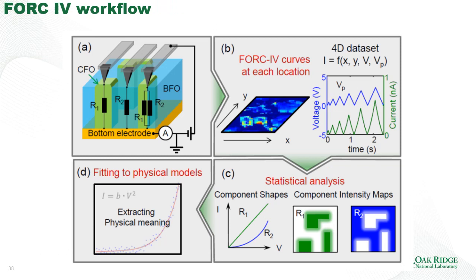But the big idea is like this. We measure the conductivity in the tip-surface system. We can separate it into independent components by the statistical analysis. We know that in this case the principles of the statistical analysis, the additivity and non-negativity, correspond to the physics of the problem, and therefore we can expect that our statistical components have a physical meaning and can be fitted to the physical models that tell us what the material's parameters are.